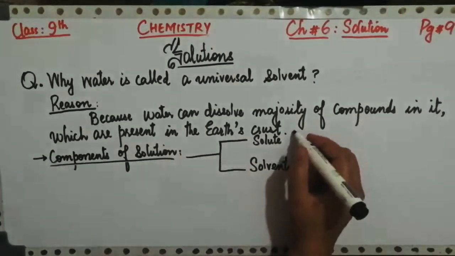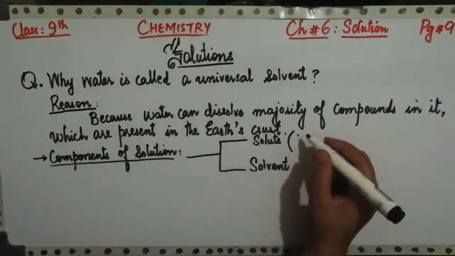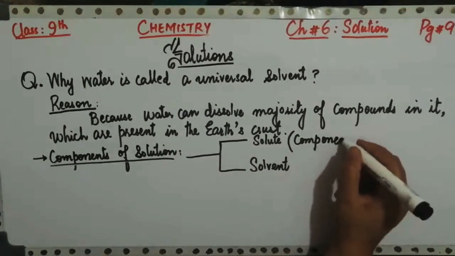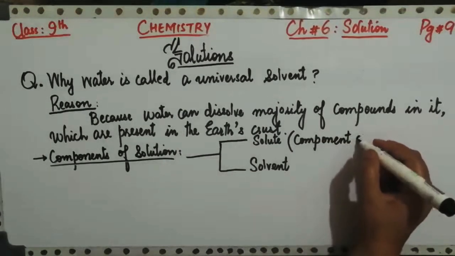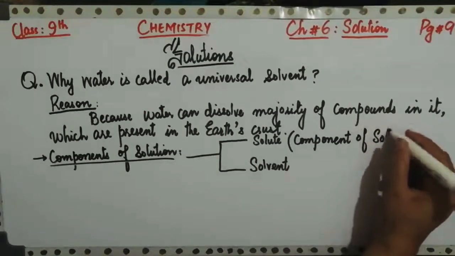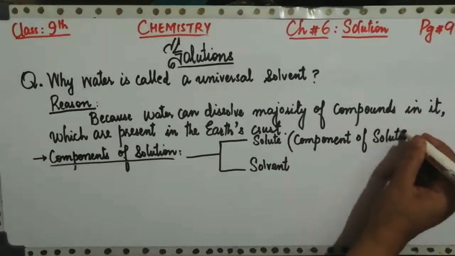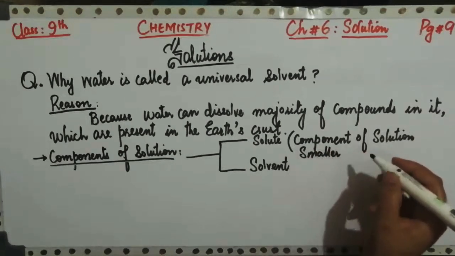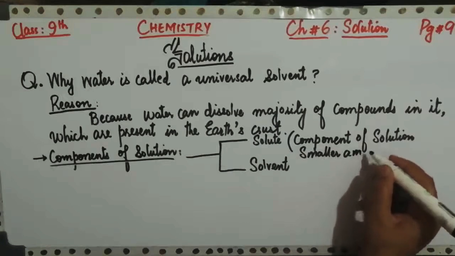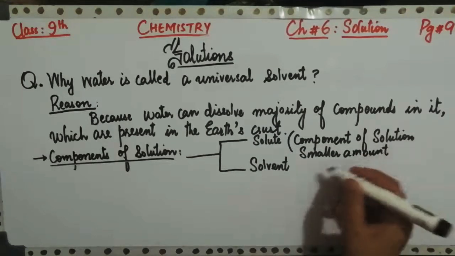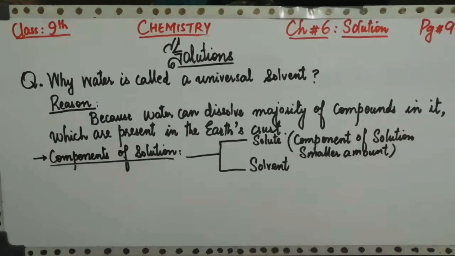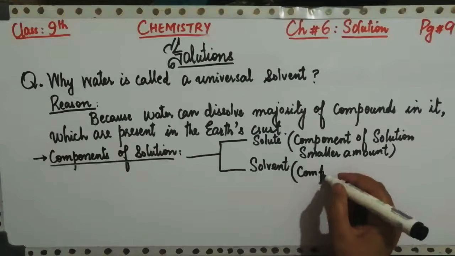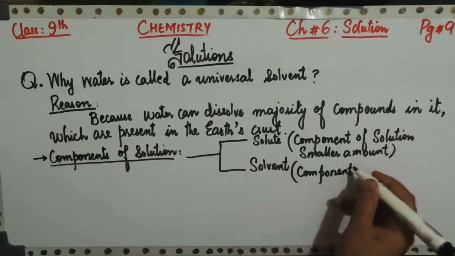According to the definition of solute, it is basically a component. It is a constituent of solution which is present in smaller quantity. Another important thing is that it is always present in a small or smaller amount as compared to the solvent in the solution. While solvent is that component of solution, it is again a component.